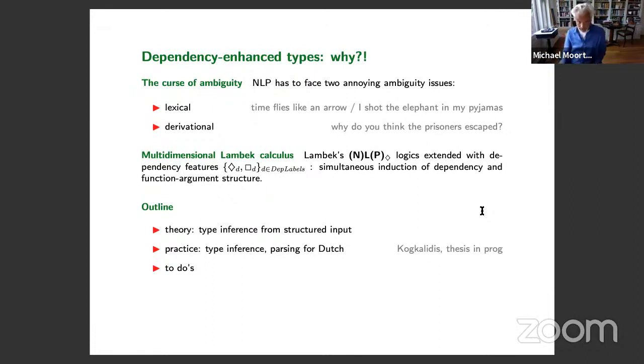Then we move to the practice, and we are going to see how this machinery can be put to use in type inference and parsing for Dutch, a language which some people have called a non-natural language. This goes back mainly to the thesis work of Konstantinos Kokkalidis. And then finally, I close with some to-dos and some problems that are still open.